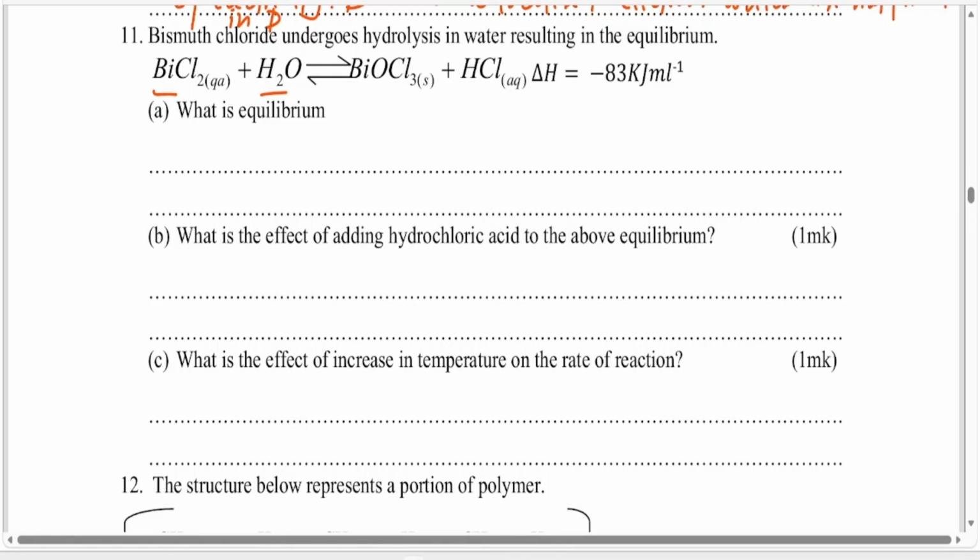So we begin by defining or stating what is equilibrium. Equilibrium is a state of balance where the rate of forward reaction is equal to the rate of backward reaction.